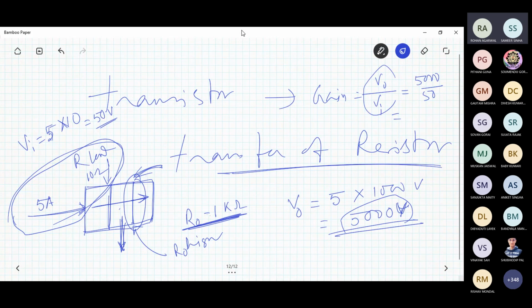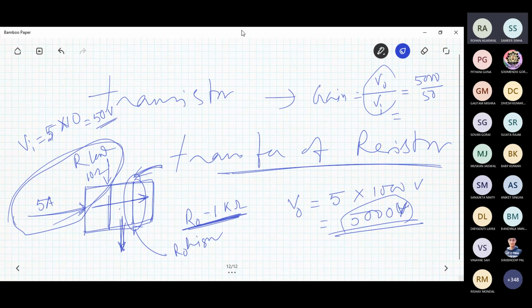If instead of this diode I use a 10 ohm resistor and a 1000 ohm resistor in series, what will be the difference? I mean, then also I will be gaining this 5000 volt output.